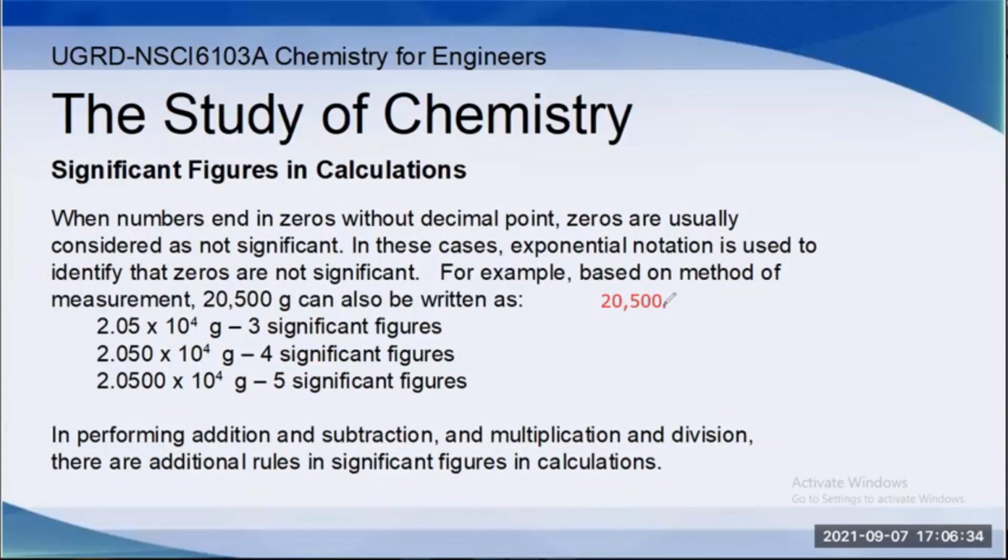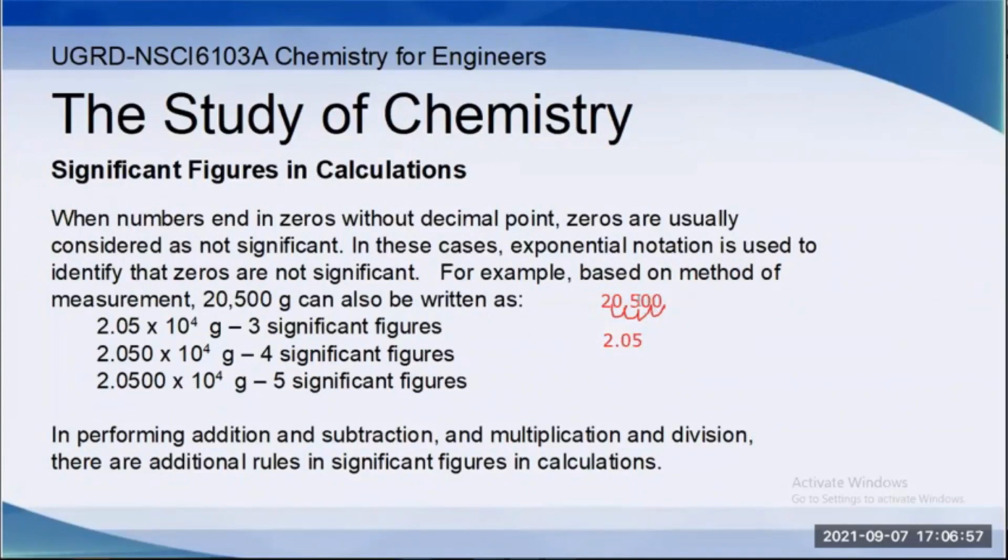In this case, we will be moving our decimal point 2, 3, 4. We will stop at the last non-zero digit, in this case 2. So this time it will be 2.05.